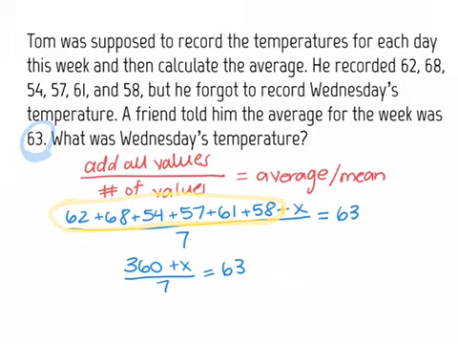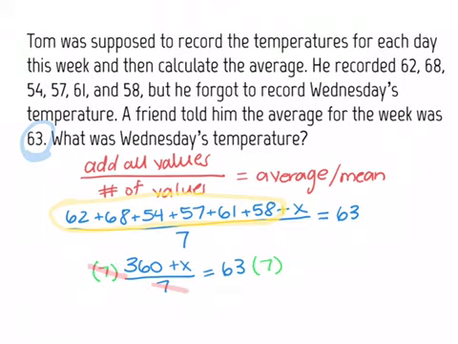So now to continue solving for X, or to continue to work toward getting X by itself, we are going to need to get rid of that denominator of 7. So remember, a fraction bar means divide. So the opposite of that would be to multiply. So I'm going to multiply by 7 here and here, meaning that these two will cancel out.